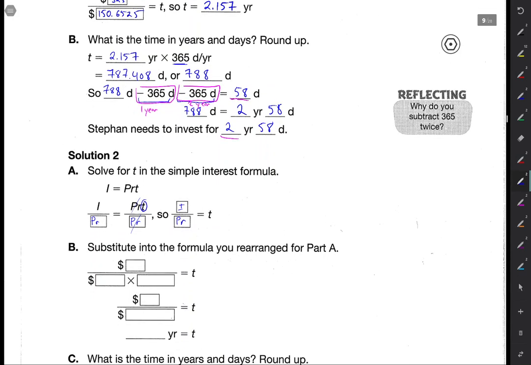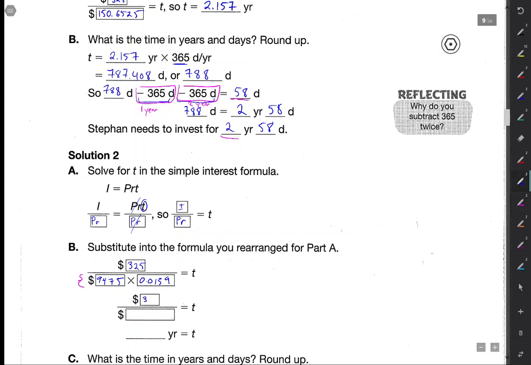And then you would plug in the same numbers that we had before. So I would go up here, so that would be 325. And then PR, so that's P times R, or the initial amount, the principal, times the rate. So the initial amount was 9,475, and we would times it by the rate, which was 0.0159. So if you were to continue solving this, multiply those numbers in the denominator first.